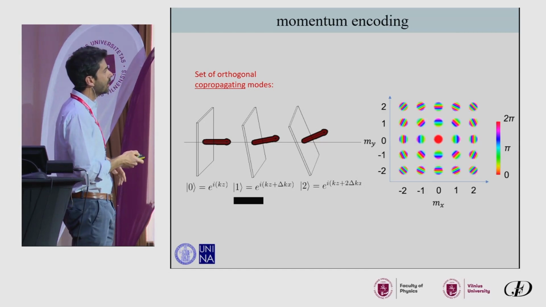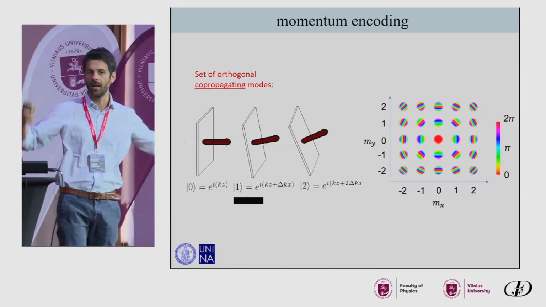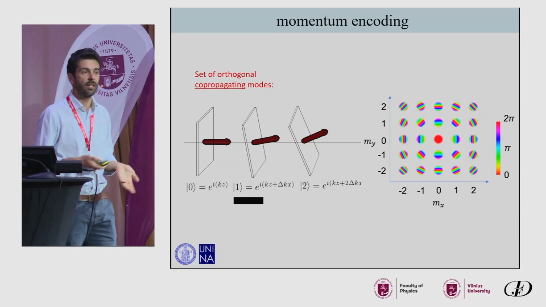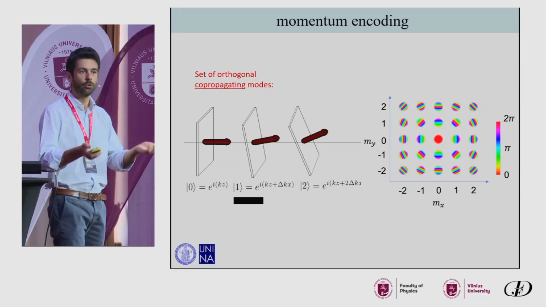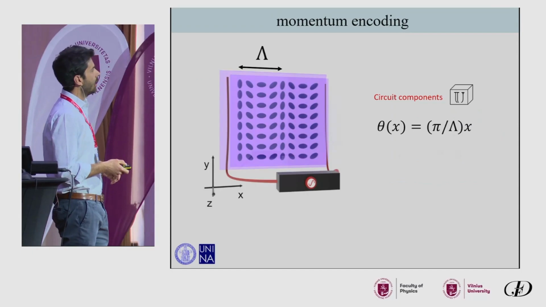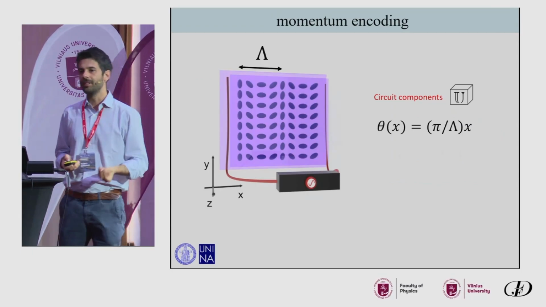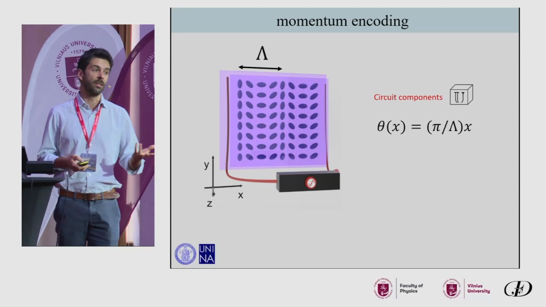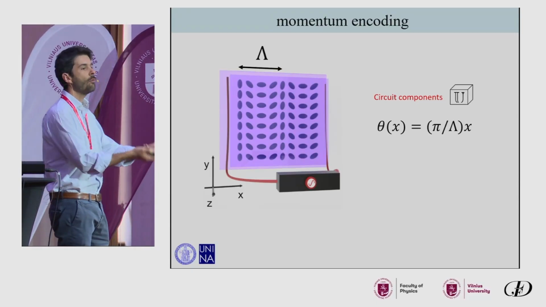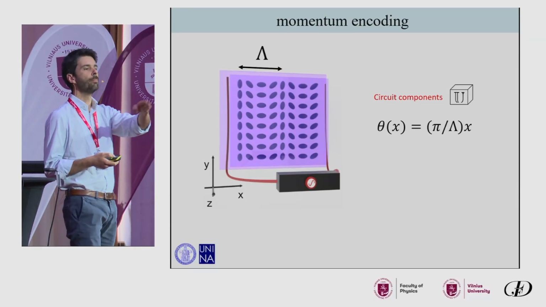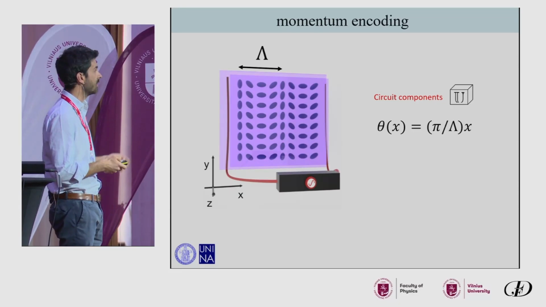This way, you can realize a 2D lattice of modes that you can address and couple to implement your circuit. Now, the main point is how you couple these modes. What is our way to take a mode and couple it to the neighboring ones, for instance?